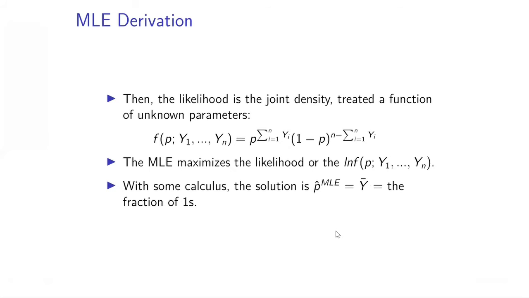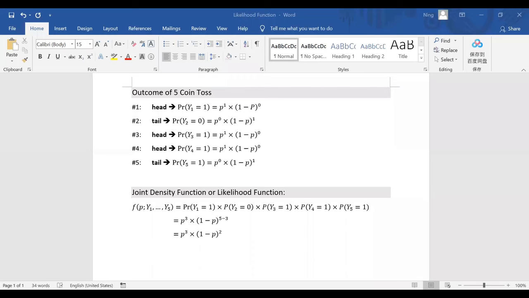If we toss the coin many times, the probability of that particular outcome can be calculated using the likelihood function. The likelihood function is essentially the joint density function with p as the parameter in this case. Let me demonstrate to you how to compute the likelihood function. In this example, I tossed a coin 5 times.